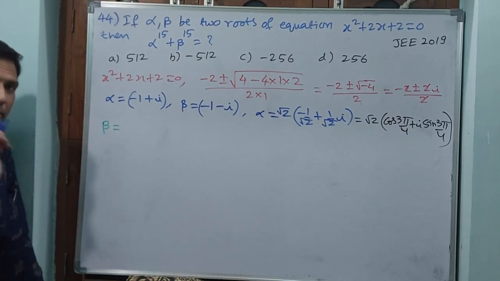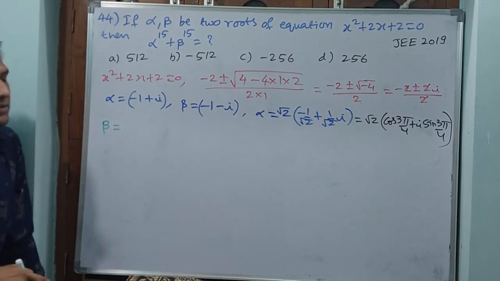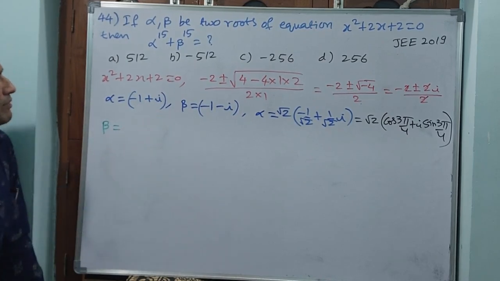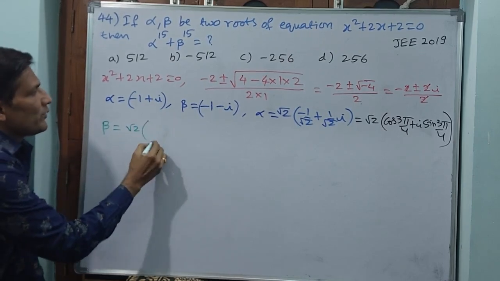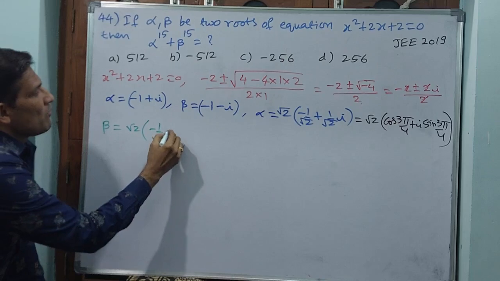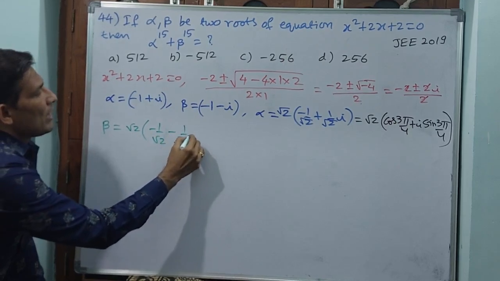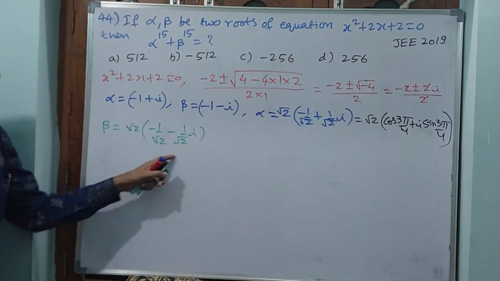That means 180 plus 45 degrees. Why? Because 1 by root 2 has to come, so 180 plus 45 degrees. Beta also, you take root 2 into minus 1 by root 2, minus 1 by root 2 i. Both are negative in the third quadrant.